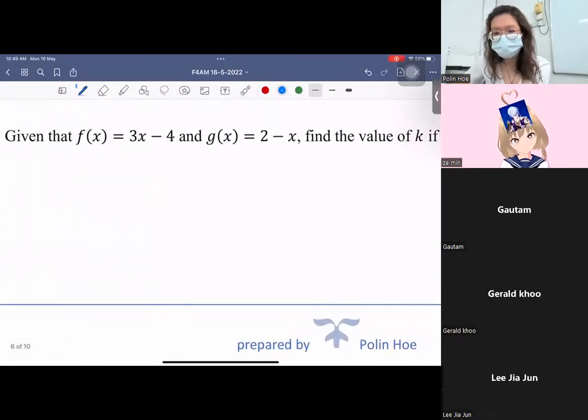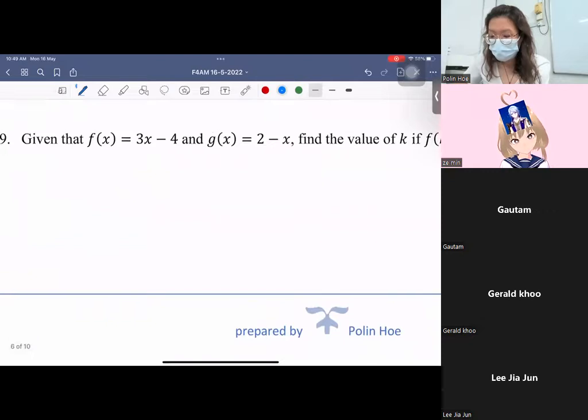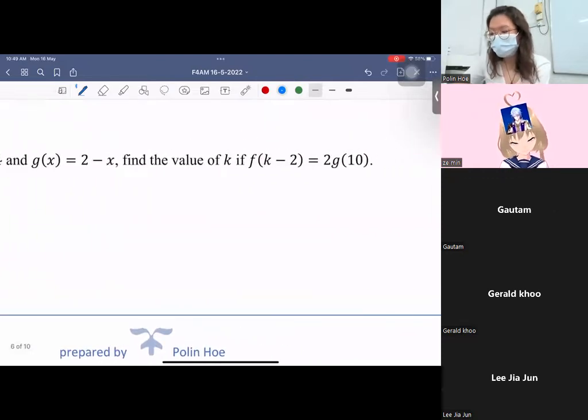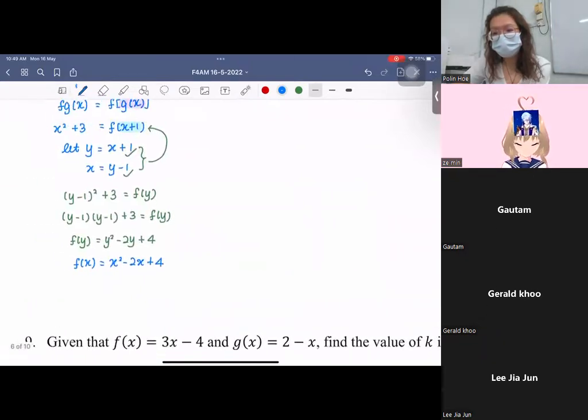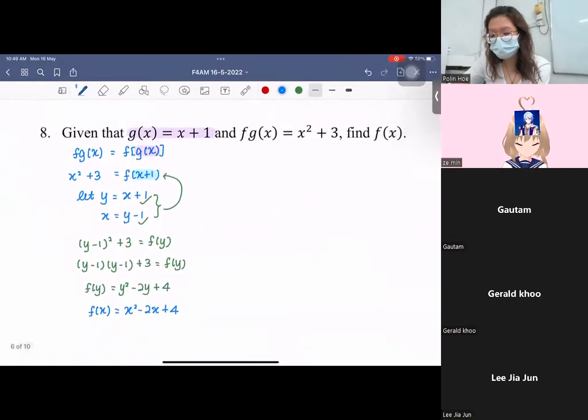Last one for composite function. Find the value of k if f(k - 2) equals 2g(10). How do we know y equals x minus 1?